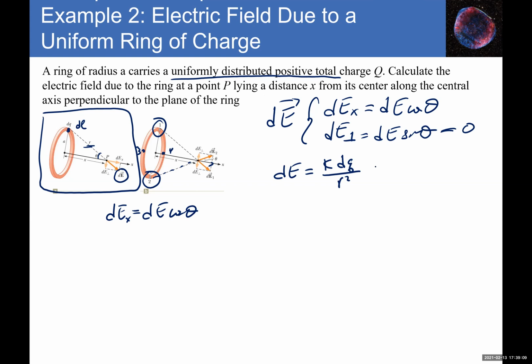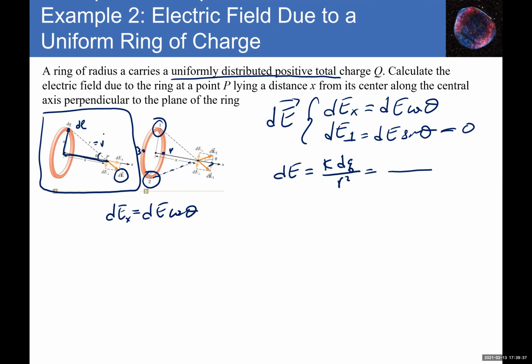Now, one thing I can do here is replace dq with other things, but here I'm going to leave dq. I'm going to say that r, which is the distance from my element to the point P, can also be written using the triangle you create over there.